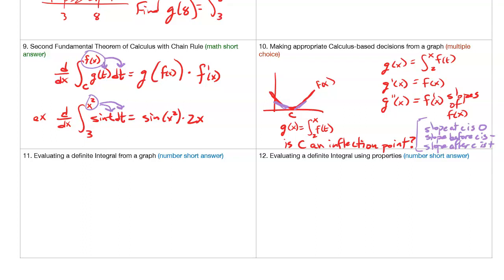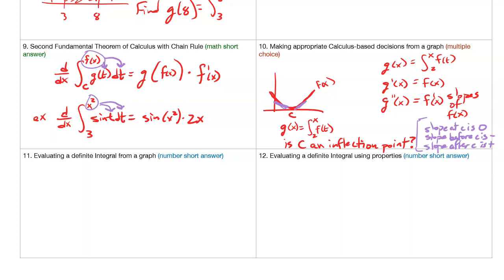And obviously these can be very different from each other. It's just that you have to know how to find critical points, critical numbers, relative max, relative min, inflection points. You have to know the details of all of those to be able to make appropriate calculus-based decisions. And it's not bad. It's things we've done. It's like nothing new.